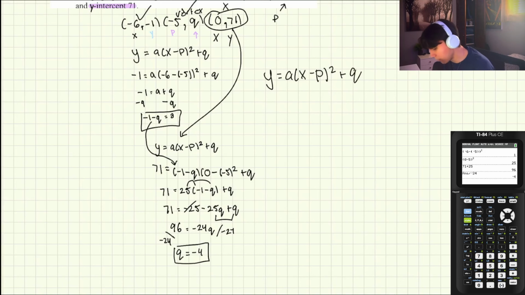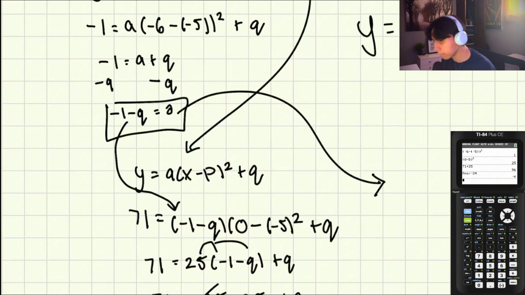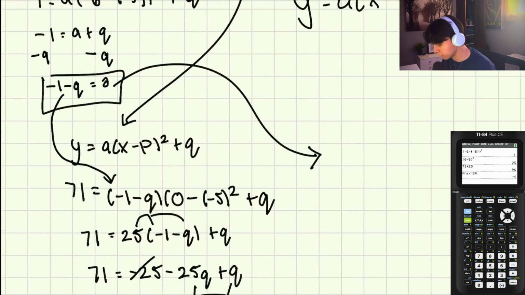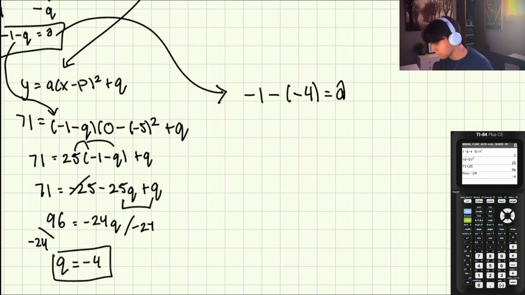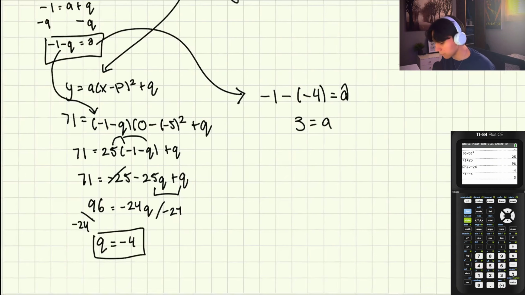However, remember we made a formula to find our a value very easily, and it's -1 minus q is equal to a. So -1 minus our q value, which is now -4, is equal to our a value. So -1 minus -4 gives you +3, and a is going to equal 3.